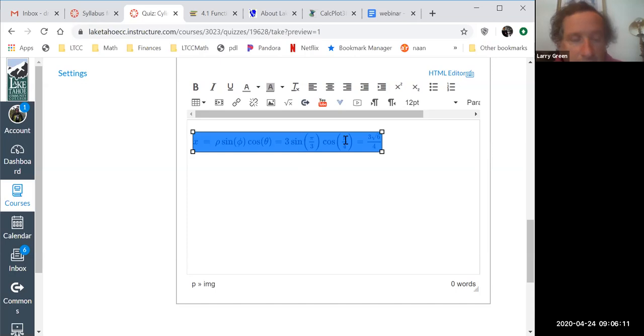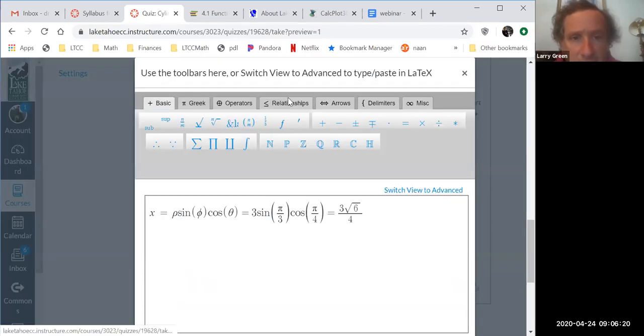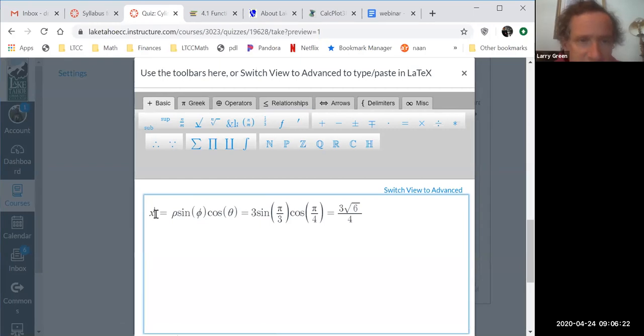Okay, now let's get y. Since it's very similar, I'm just going to copy and paste and then adjust what I need to. Remember, what's the difference between x and y? Remember x was rho sine phi cosine theta. What's the only difference in y? Yeah, y's got a sine theta instead of a cosine theta.